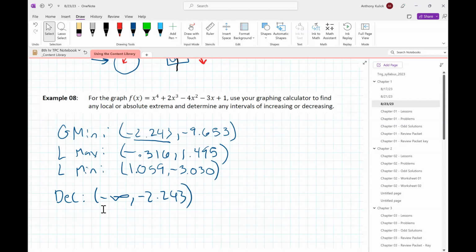It's easy to get tripped up. Increasing and decreasing, domain and range always are intervals. Pairs of x's. Points are the locations of maxes and mins, like extremas, are always x, y's. Okay? Just to be clear, because they look identical when I write them down like this, right? You have to know from context that one is a point and one is an interval.